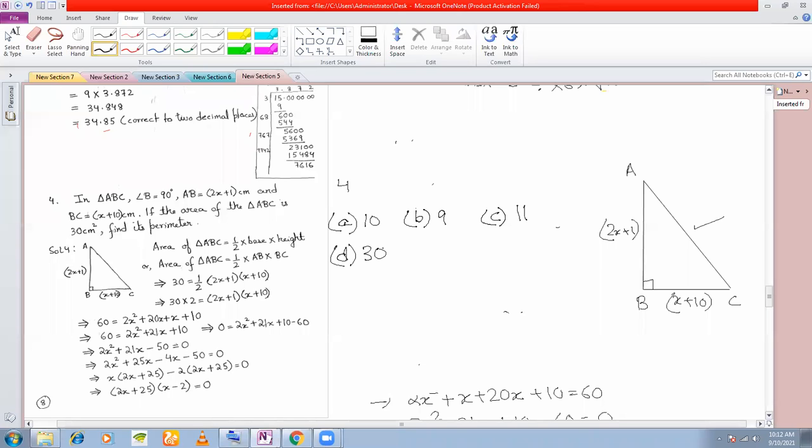Anyone? Yes, go ahead. Because the numbers we are getting cannot be low numbers. 10, 9, and 11 are lower than 5 and 12. But why can't it be a low number?